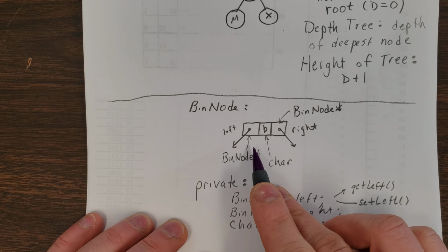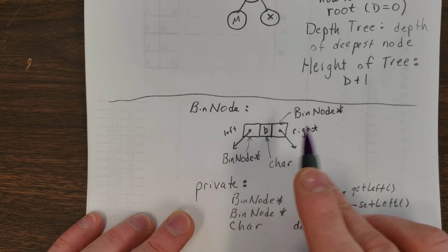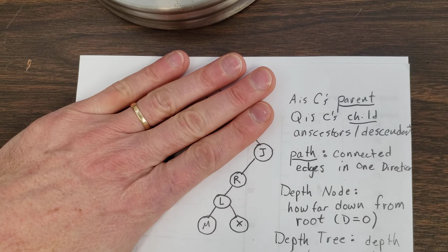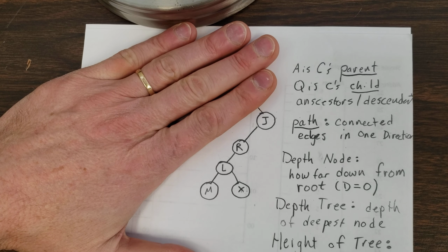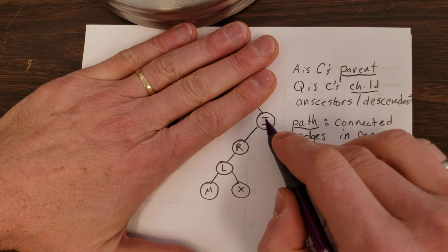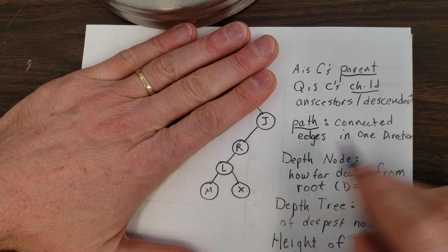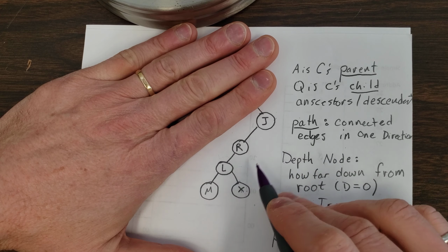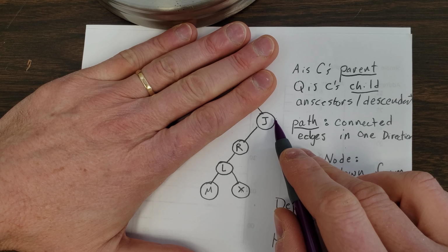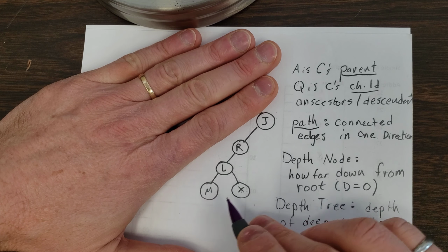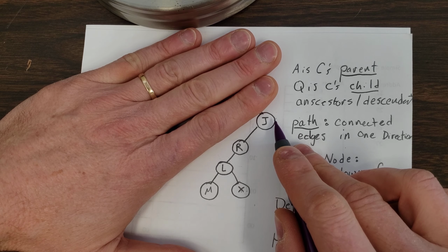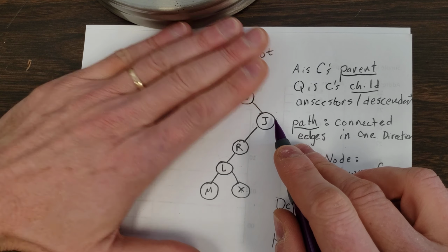Now it might be a small tree or it might be just a single element, but notice as we go through here, if I just grab the J, if you give me a reference to this J, I can find all of these other elements within the tree. But just the bin node itself forms a tree structure. Now, it doesn't have any extra useful things, but it represents and holds the information for a tree.